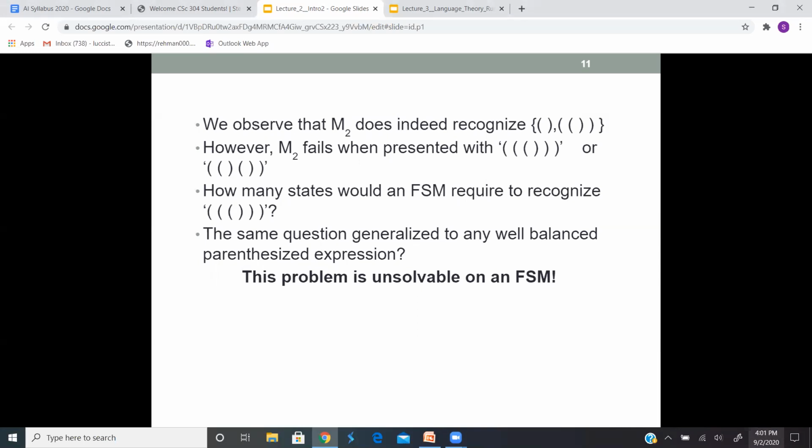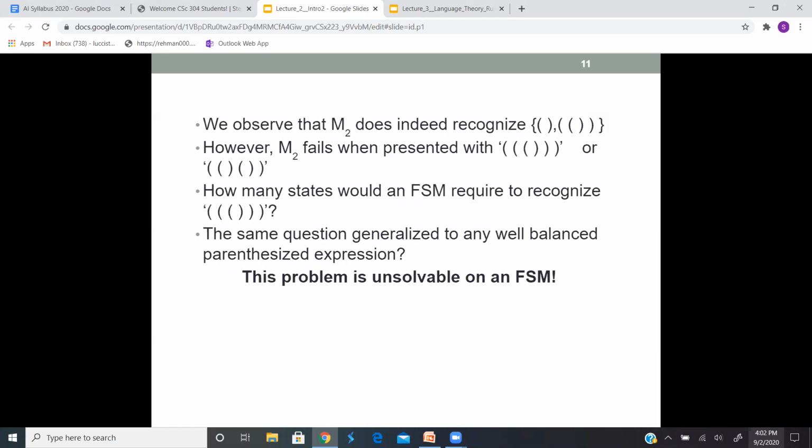Start state, see a left parenthesis, go to state 2. All right, in state 2, see a right paren. Is that good or bad? Should that string be accepted? Who's out there? Let's see.